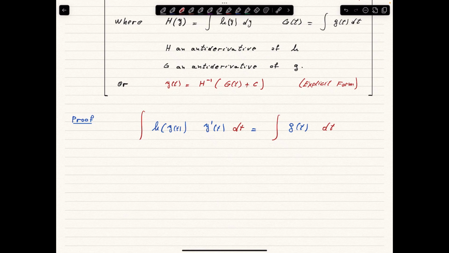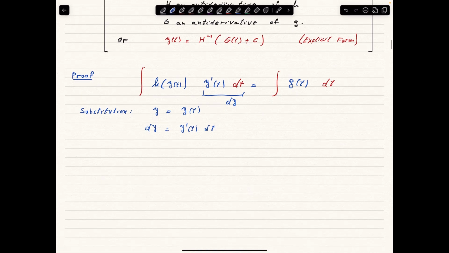And now on this side we can do the substitution. It always works. The new variable is going to be the unknown function, so the differential of y is going to be the derivative of the unknown function times dt, which is exactly what we have here.